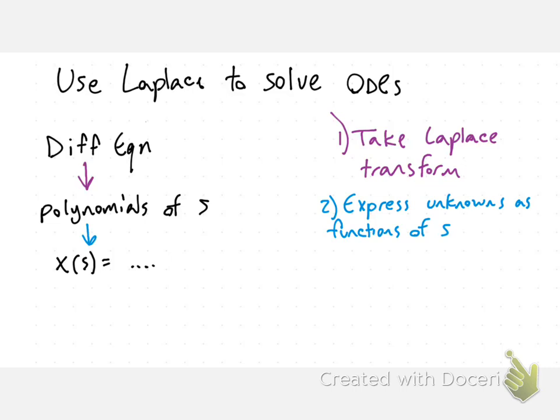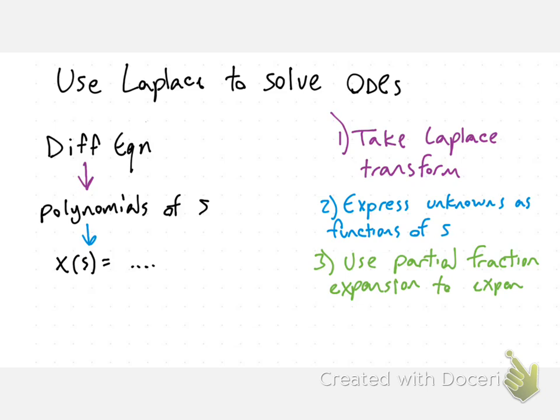So we want to say x of s is going to be equal to something, and that something might be a little bit of a mess, but we want to isolate our unknown variables. Then we're going to use partial fraction expansion in order to further simplify our polynomials, to figure out what x of s is in a way that we can use our Laplace transform table to bring us back to the time domain.